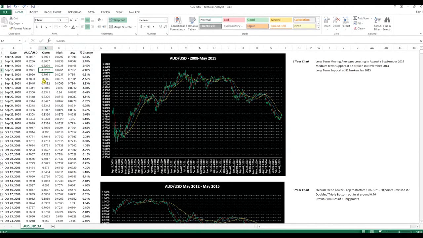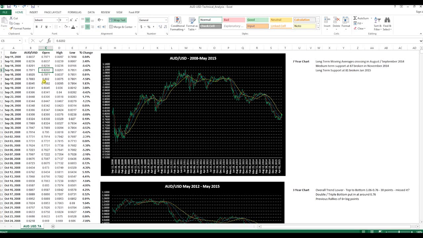Okay, so what we're going to be doing here is taking a look at the technical analysis of the Aussie dollar, US dollar exchange rate that we've been looking at as an example throughout the overall systematic process as part of now the gatekeeping process.